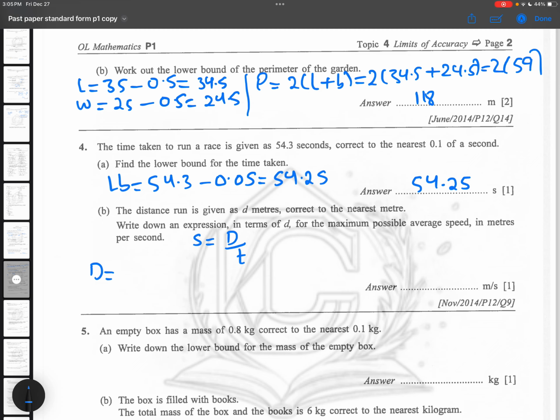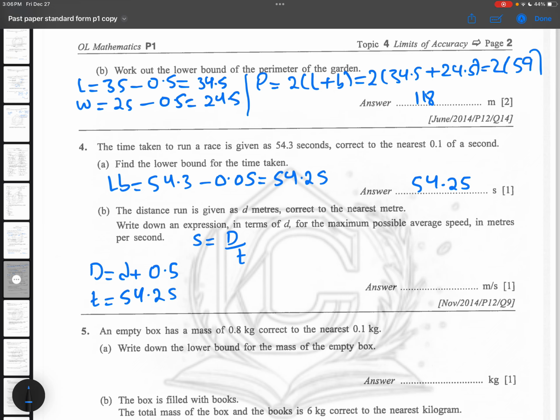The distance is d meters correct to the nearest meter, so the upper bound will be d plus 0.5, and the lower bound of the time is 54.25.